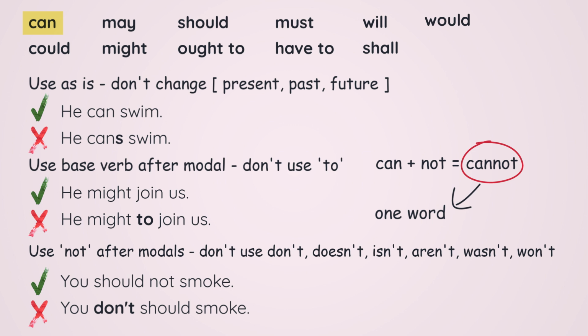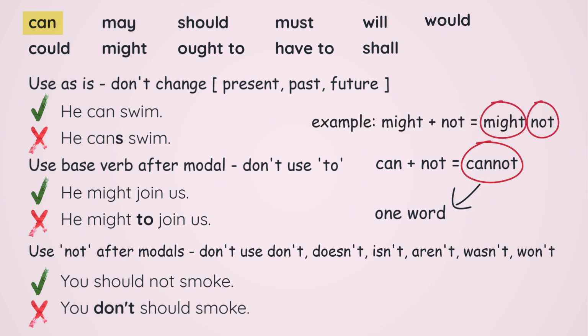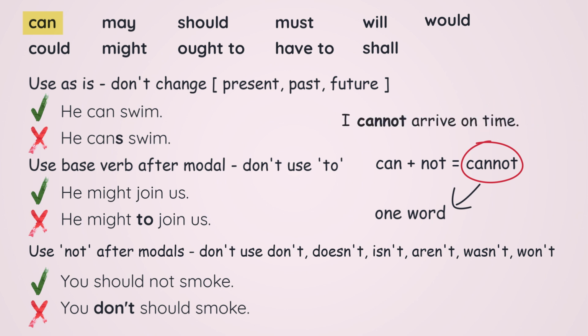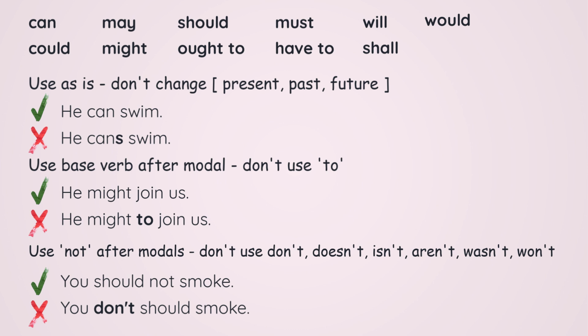Most of the time, almost always, not is a separate word with all of the modal verbs, but not with can. With can, it actually becomes one word. I cannot arrive, okay, on time. Like that, okay? So, now that you've got these basic rules and you've understood how it works, let's do some practice to see how well you've understood.